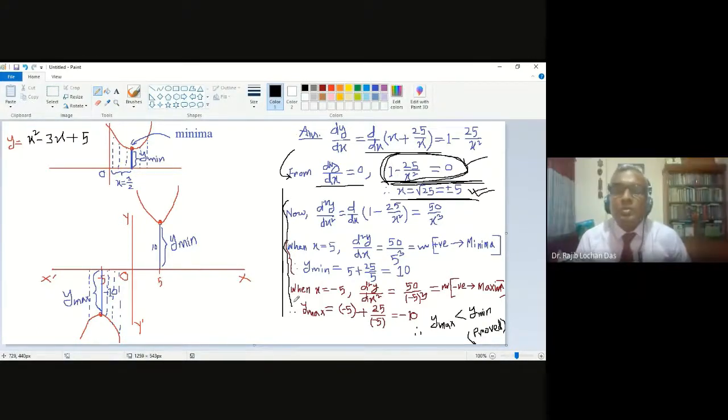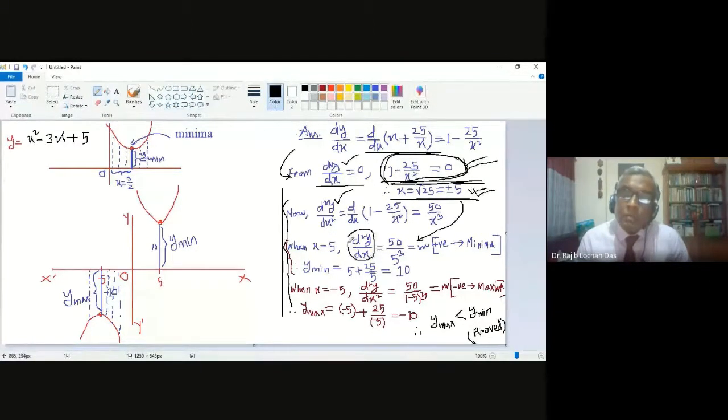So how can you put the x value in the second derivative? The first derivative is possible to find, the second derivative is possible to find, but you cannot find the x value, that is, you cannot find the solution of the equation. So in that case, how can you put the x value in the second derivative?